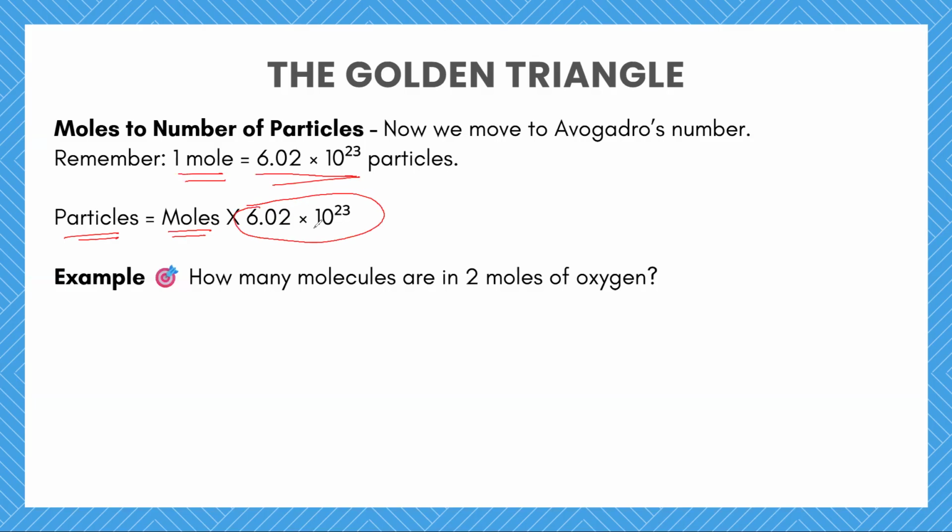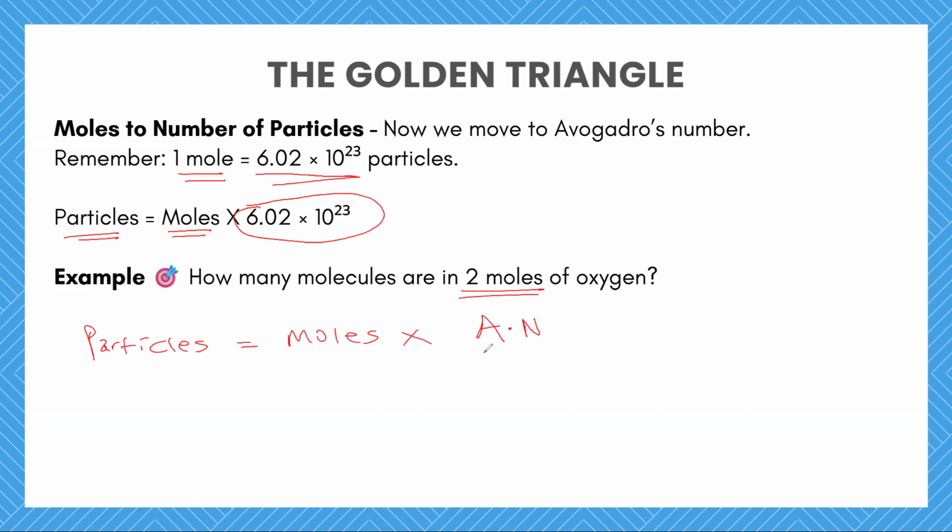So let's go ahead and solve one example. The example says, how many molecules are present in 2 moles of oxygen? Let's take this step by step. The formula says number of particles is equal to the number of moles multiplied by Avogadro's number.